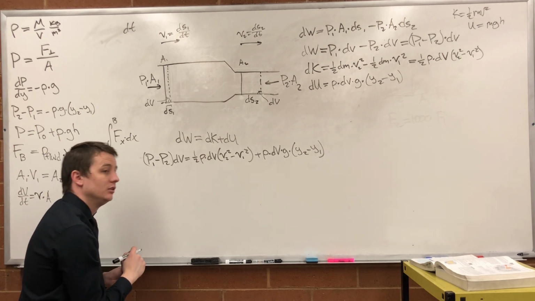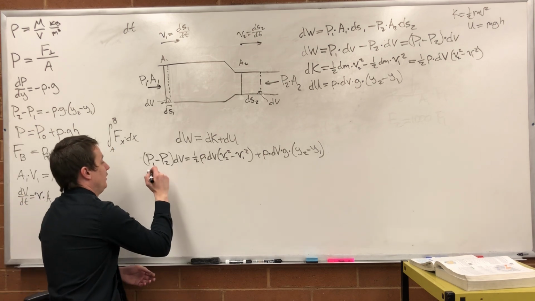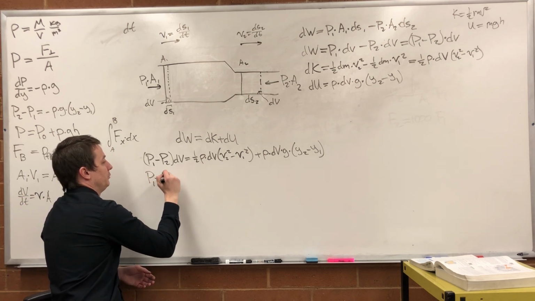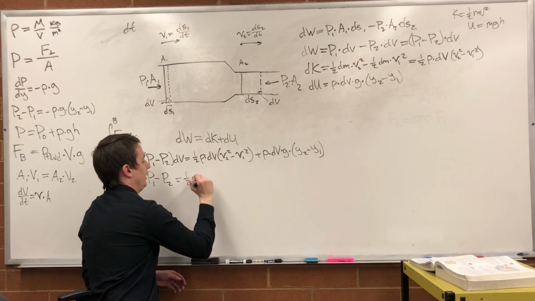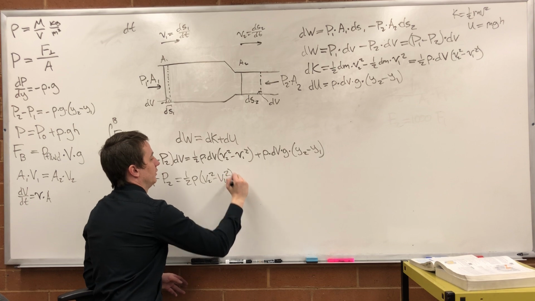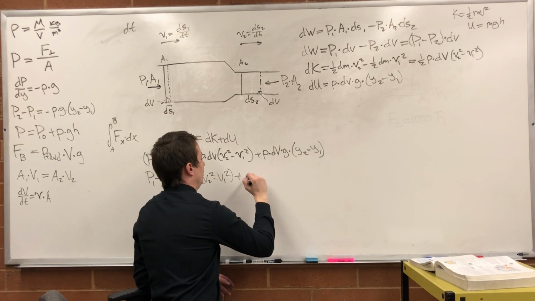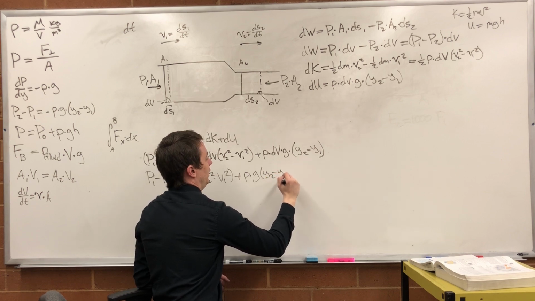Good so far? Yeah. So you can cancel out your dVs. Perfect. So P1 minus P2 is equal to 1/2 rho times V2 squared minus V1 squared plus rho times g times Y2 minus Y1.